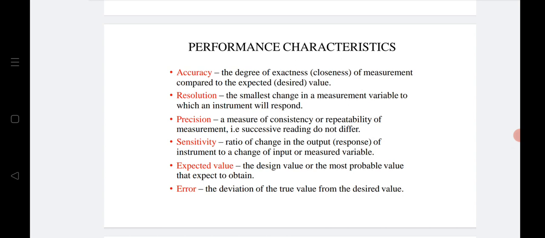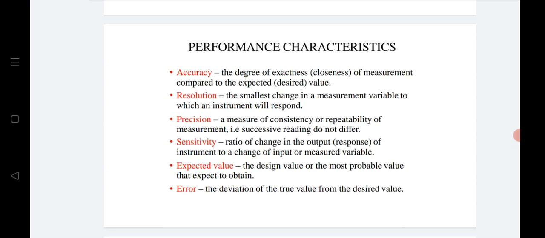In precision we take repeated measurements. The next one is sensitivity. Sensitivity is nothing but the ratio of change in the output response of an instrument to a change in the input or measured variable. It is the same thing like your resolution only.